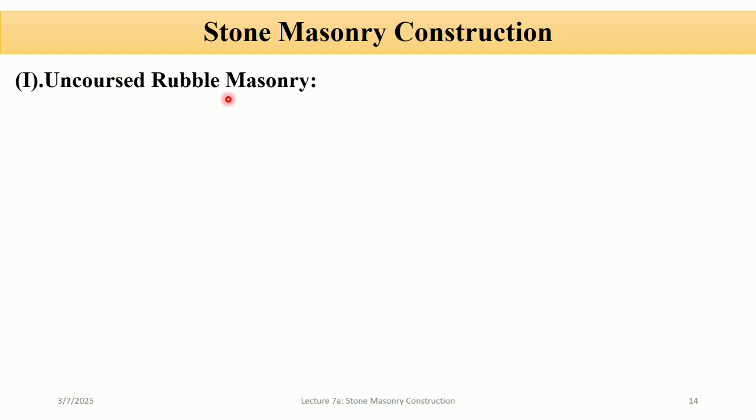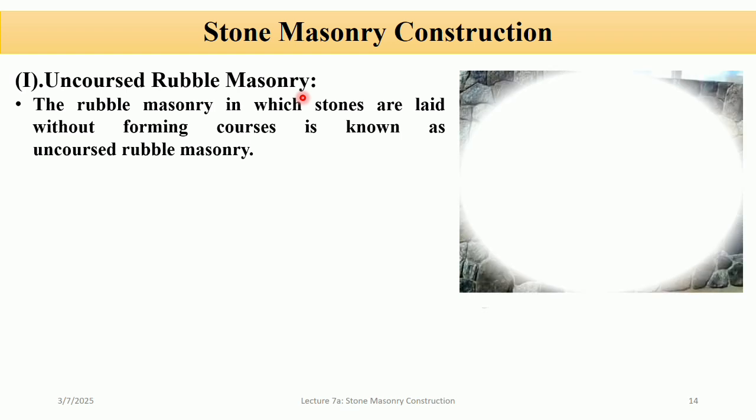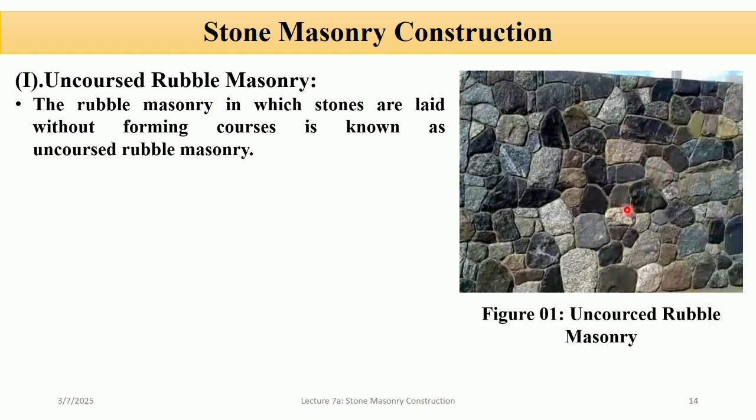Uncoursed rubble masonry. It is clear from the name that a rubble masonry in which stone is laid without forming courses is known as uncoursed rubble masonry. You can see in the figure that the stones are laid without forming courses.